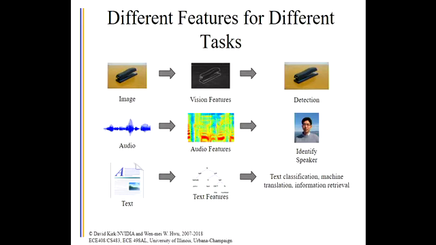When we use machine learning on different tasks, we have different kinds of features. For image processing, we tend to have features that are essentially the shapes of objects. For audio processing, we tend to have features expressed in terms of frequency and spatial frequency.